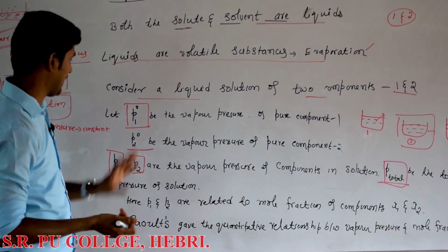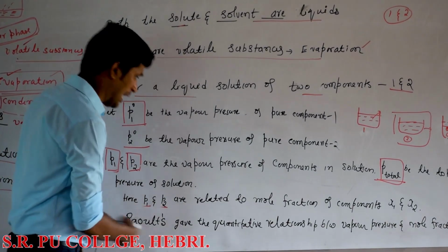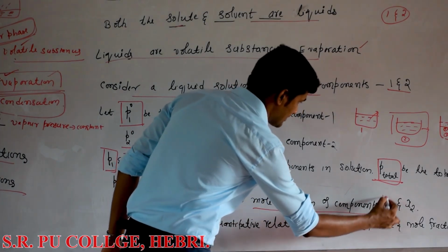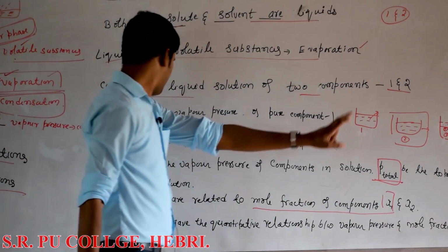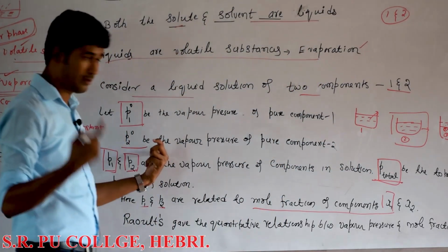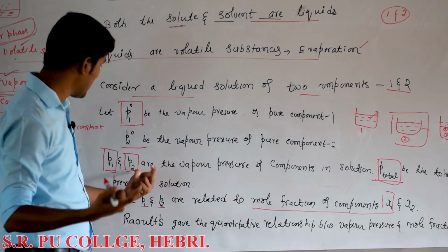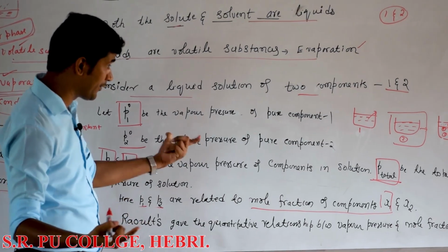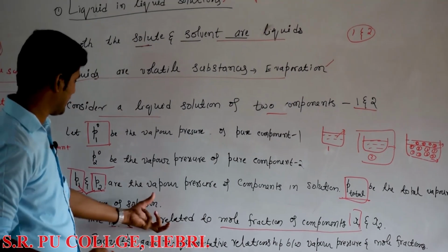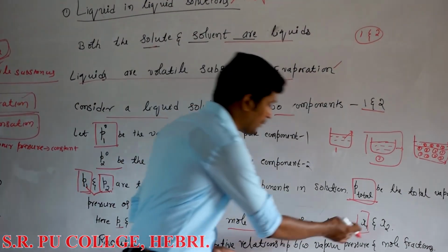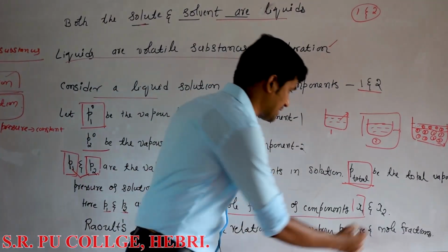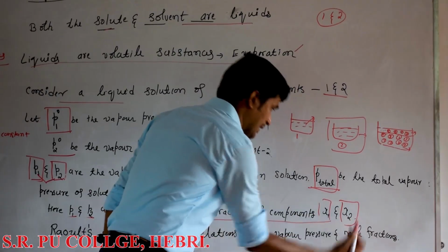Quantitatively, P1 and P2 are related to the mole fractions of components 1 and 2. P1 is the vapor pressure of component 1 in the solution, and P2 is the vapor pressure of component 2 in the solution. Both P1 and P2 depend on the mole fraction of component 1, known as X1, and the mole fraction of component 2, known as X2.